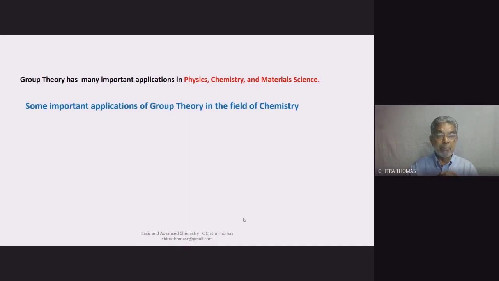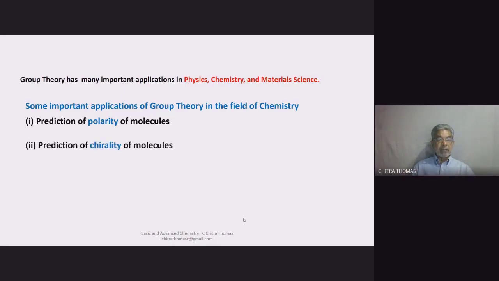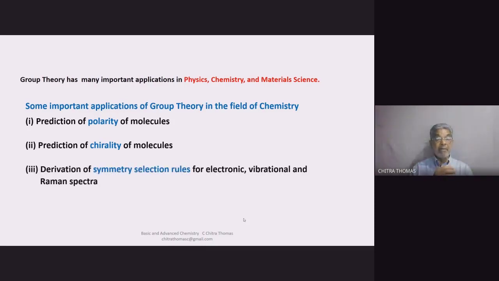Some important applications of group theory in the field of chemistry include: one, the prediction of the polarity of the molecule. We can predict whether a particular molecule is polar or non-polar. Then prediction of the chirality of the molecule, prediction of the optical activity of the molecule. Then derivation of symmetry selection rules for electronic, vibrational, and Raman spectra.